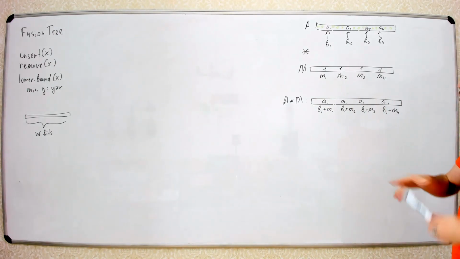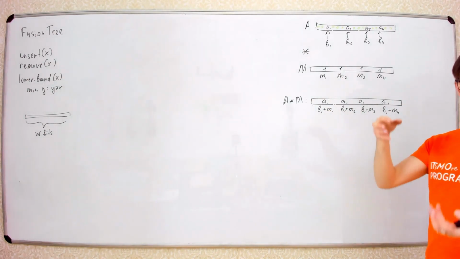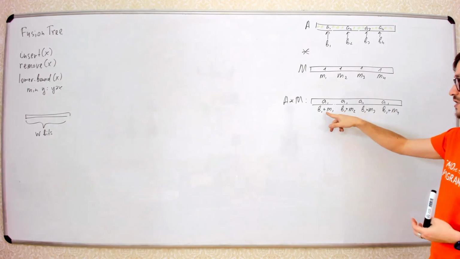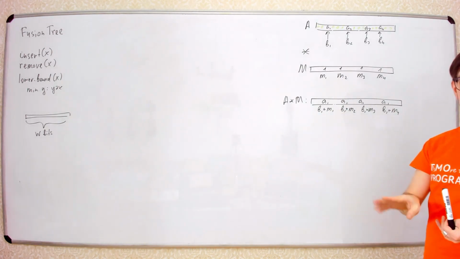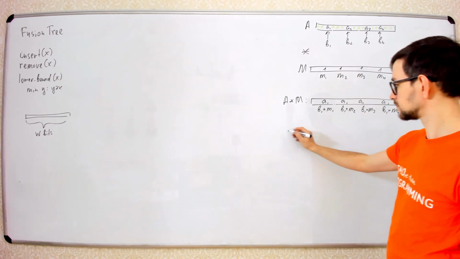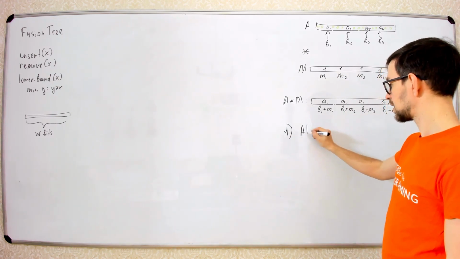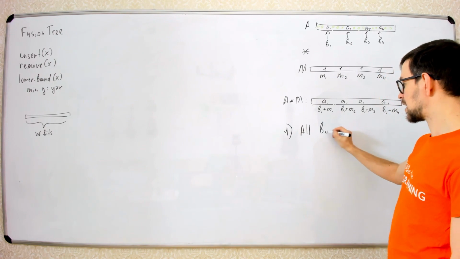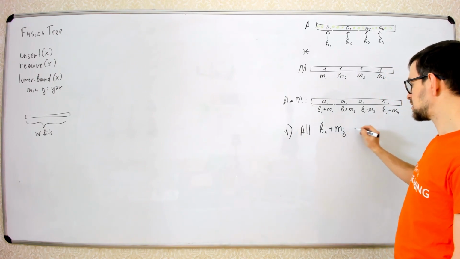If you put the bits in the same position, they will sum up and make something strange to the previous bit. So I want all these positions to be different. I want all positions Bi plus Mj to be different.